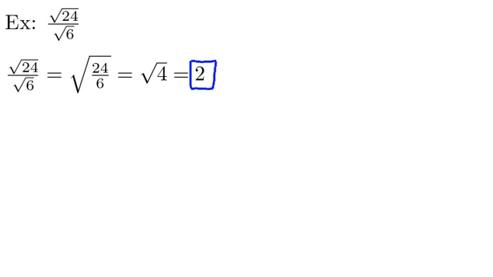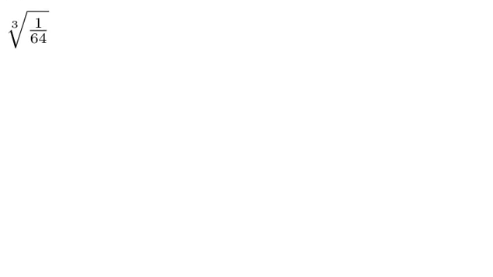So let's go to one more example. This one involves a cube root. Cube root of, let's go ahead and make this a separate example. Cube root of 1 over 64.